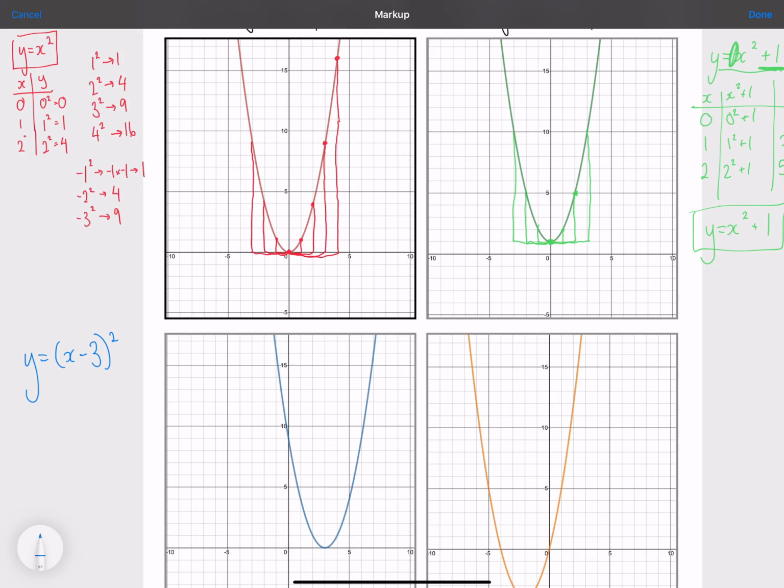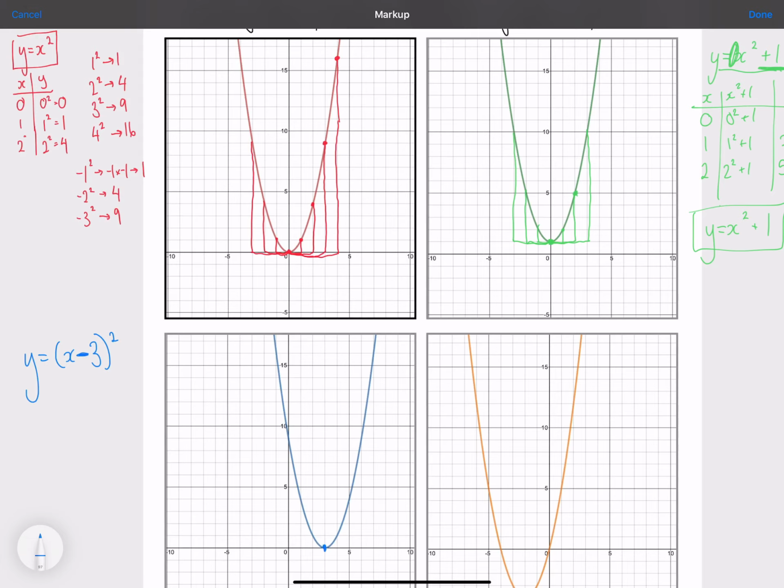When it's a horizontal shift for a blue graph, we put that inside the brackets with the x and have that squared. And you can see that it says minus 3 in our bracket here, you might be confused because that actually says it's plus 3, right? On our x-axis, that's plus 3. But the sign inside our brackets here is kind of opposite to what we would expect. So that is what it would look like.